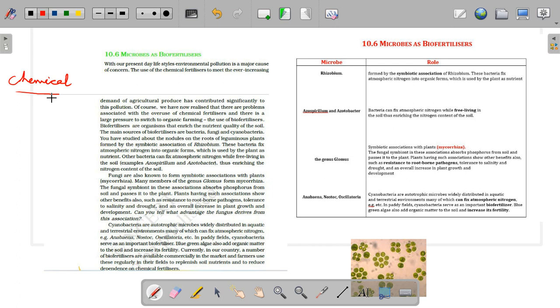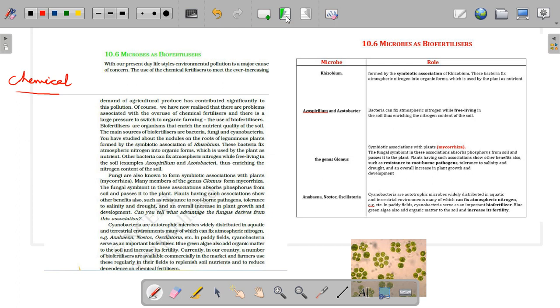So here are certain microbes increasing nutrients. I already said in the previous lesson on biocontrol agents that microbes are used for killing the pests which are unwanted in the agriculture farm.